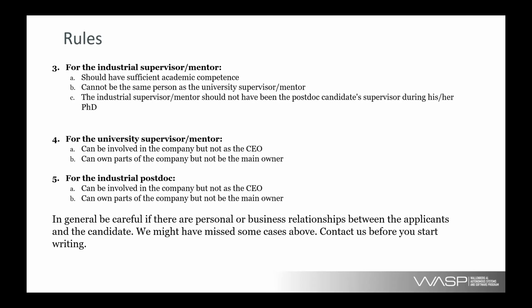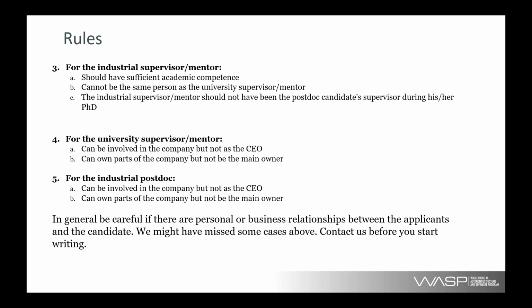The university supervisor can be involved in the company, but not as the CEO. Can own parts of the company, but not be the main owner. And the industrial postdoc, he or she can be involved in the company, but not as the CEO, and can own parts of the company, but not be the main owner.